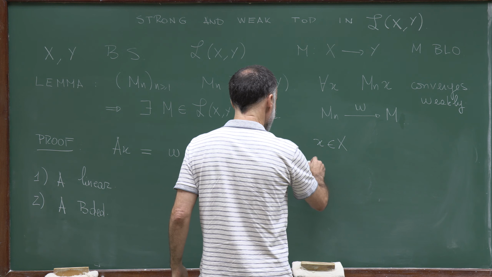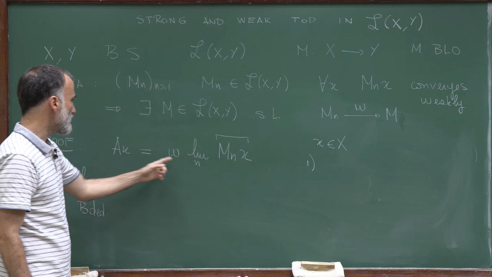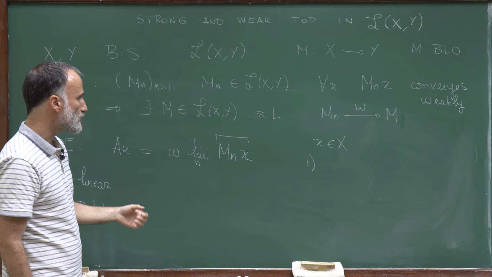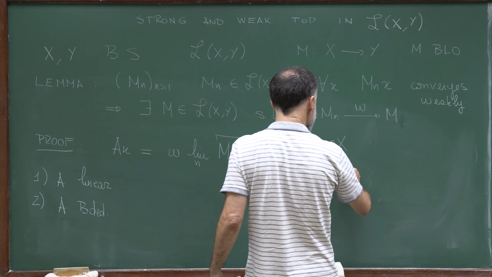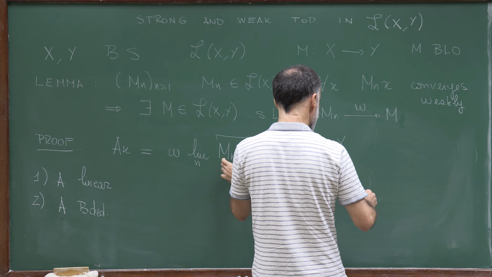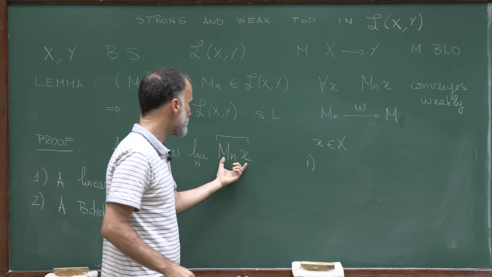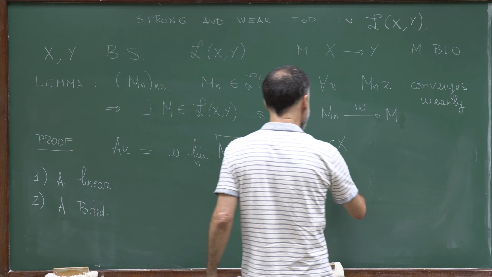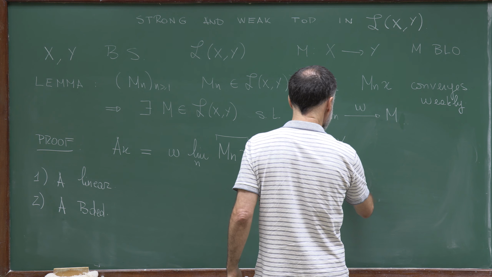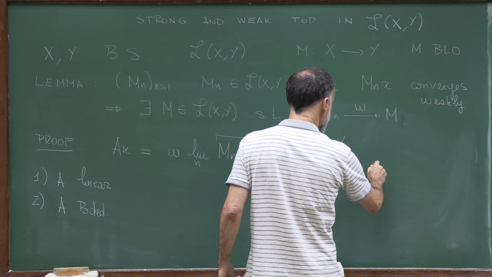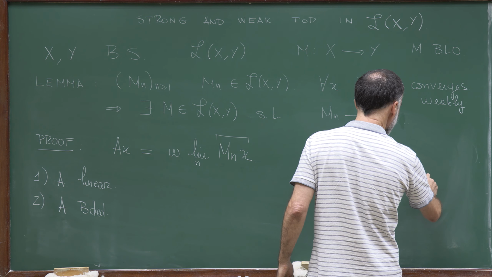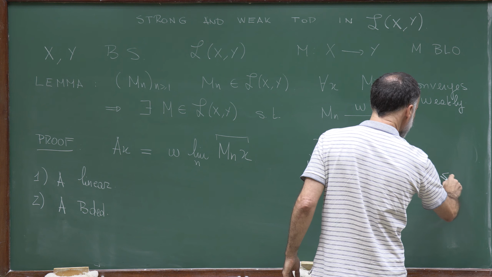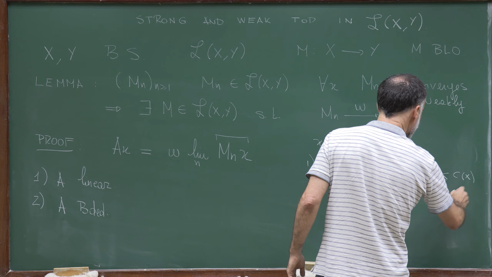So from this convergence, we can deduce by a previous theorem two facts. The first one is that the norms of this sequence are bounded, which means that there exists a constant C_x, which is finite, such that the norm of M_n x is bounded by this constant C_x for all n.